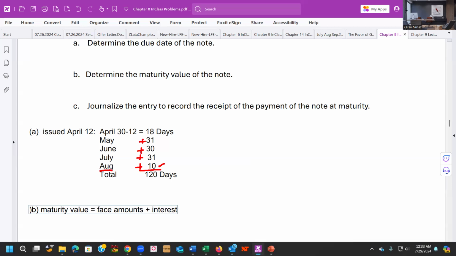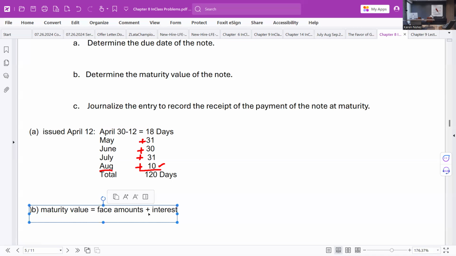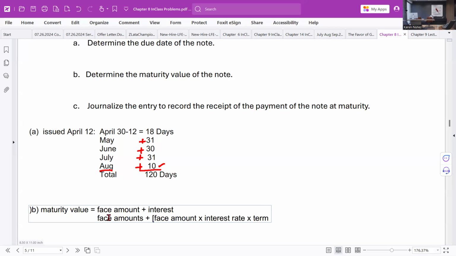And what is interest equal to? Let me see if I can get some brackets here. Interest is the face amount times the interest rate times the term. That's how we get the interest.